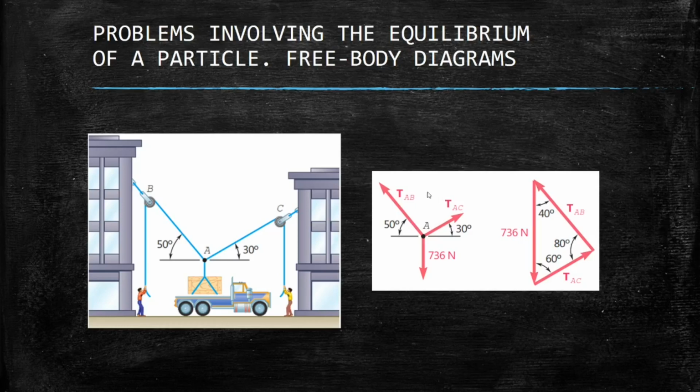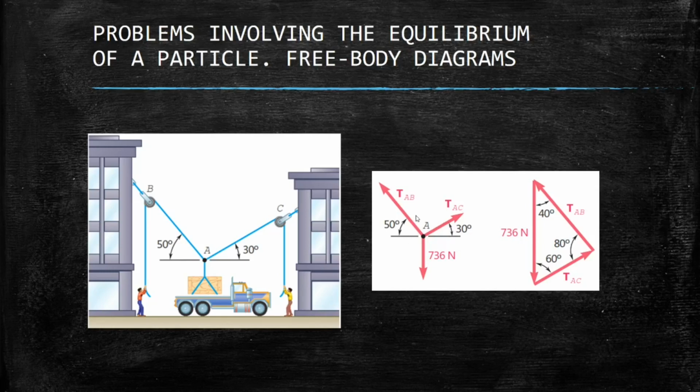The free body diagram is shown on the right hand side. If you see carefully, I have marked the tension in the rope AB as TAB, the tension in the rope AC as TAC, and the weight of the crate, which in this condition is given as 736 Newton, and the angles between the forces are also known.